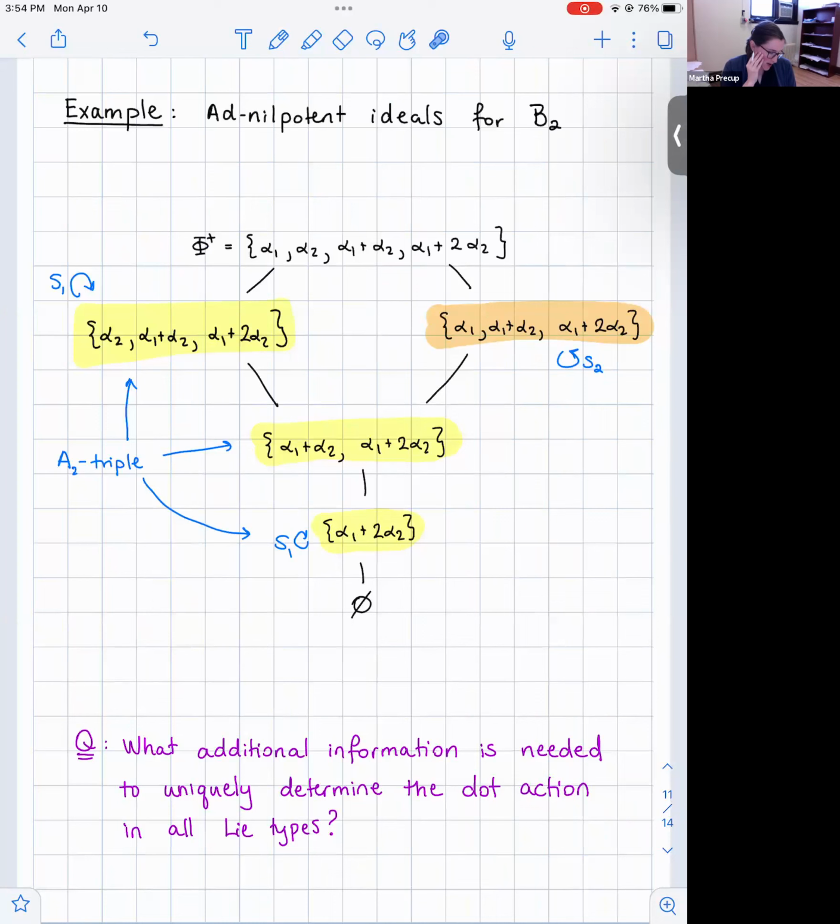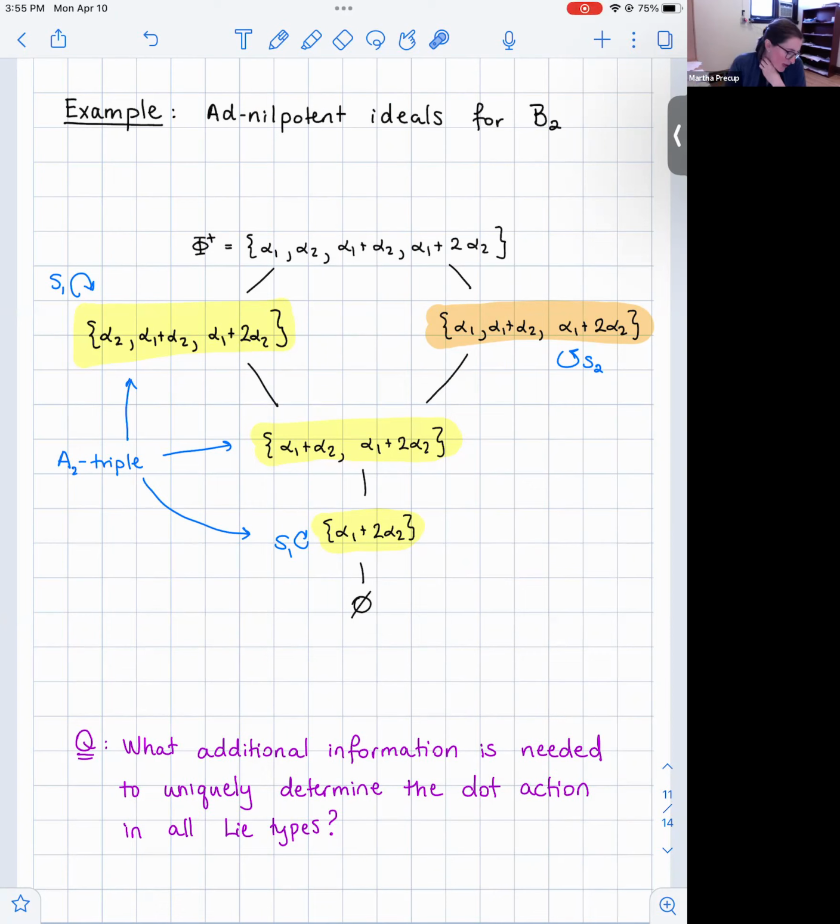So actually, let me go ahead and give a quick example before I end here. You can say, okay, well, this is good. We have some idea of how to compute these representations. We have the modular law, which will help us compute these representations.